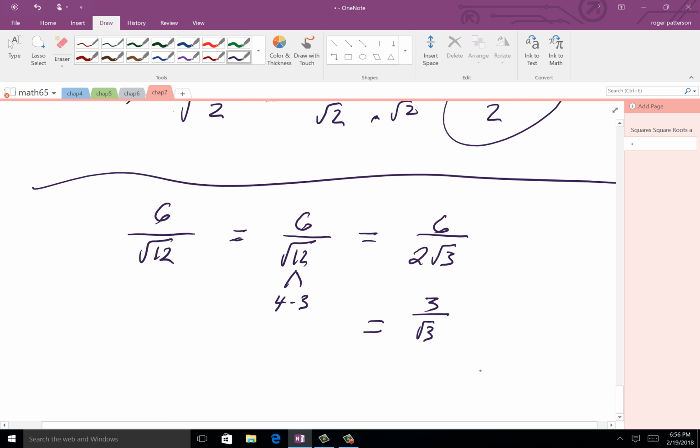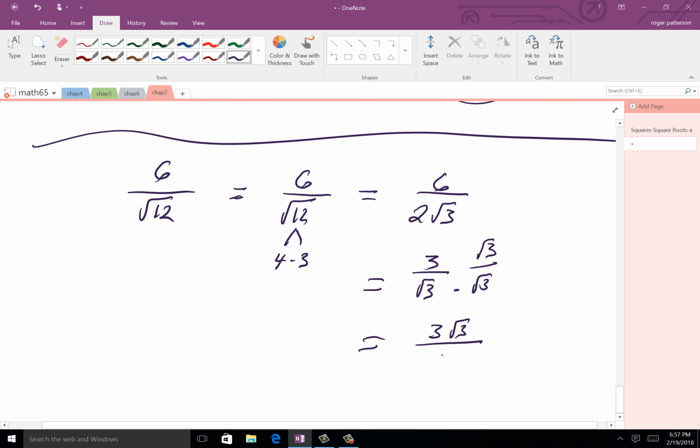Three square roots of 3, but nope, can't have that. And what's going to be on the bottom? 3. Oh, look at that. That reduces. So that would be breaking it down first.